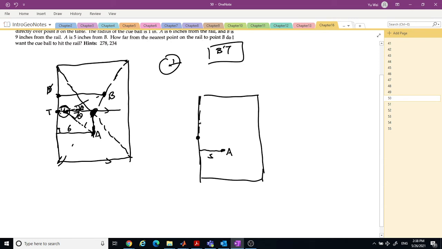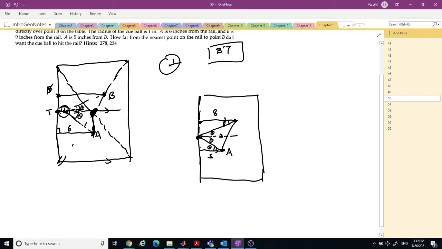And then this is B, so B is only 8. Then we need to find a point of the center that can get us to this. So here is theta and theta. We know they are parallel, so this will be theta and this will be theta.